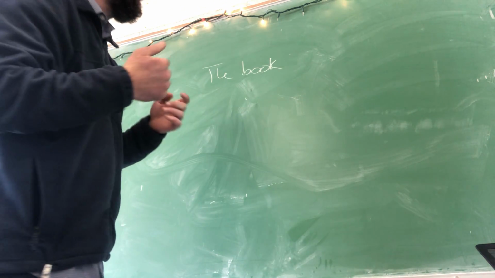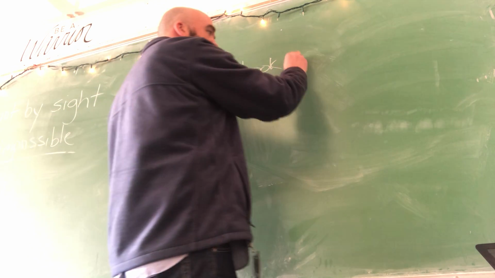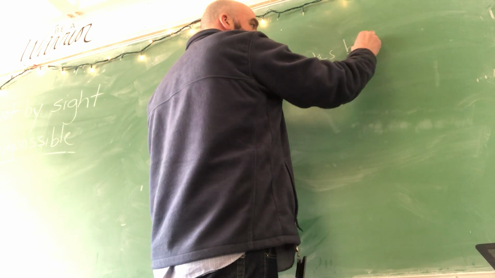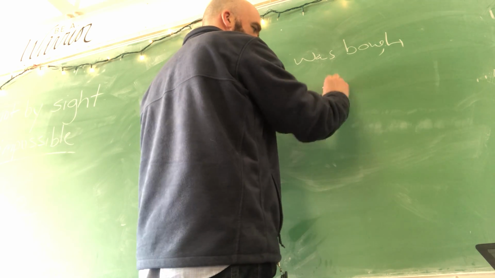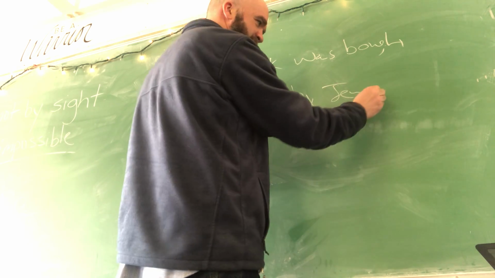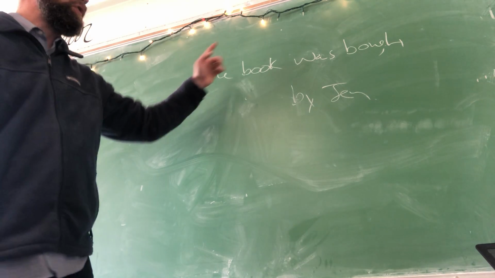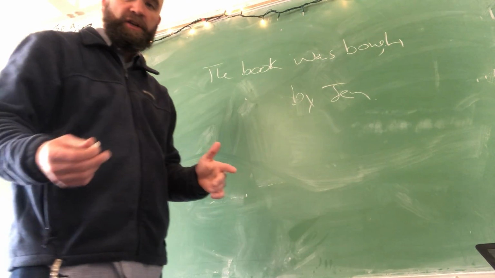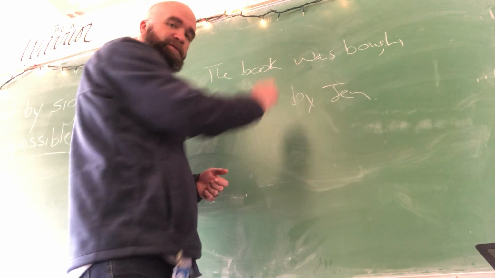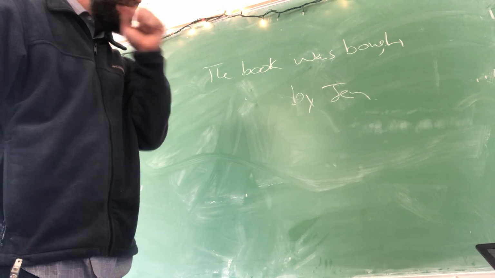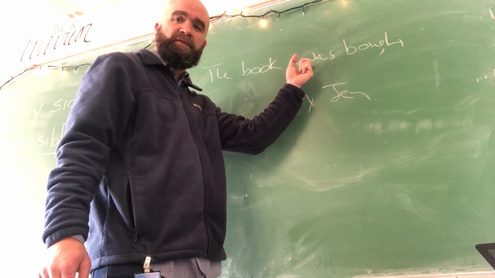So if I wanted to put that in the passive, I would say the book was bought by, was her name Jen? I think her name was Jen. I like the name Jen. Okay, so the book was bought by Jen. In English, you can create a passive construction by taking a linking verb. In this case, we're in the past, and the linking verb is was.